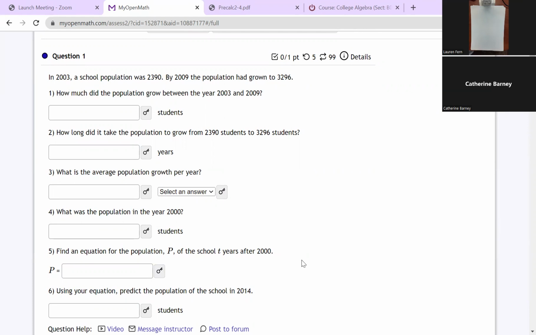Okay, so we are given, let me annotate here, that in 2003, the population is 2390, and in 2009, it's 3296. And notice again, they tell you that they want the formula to be given T years after 2000. So T is the number of years since 2000.